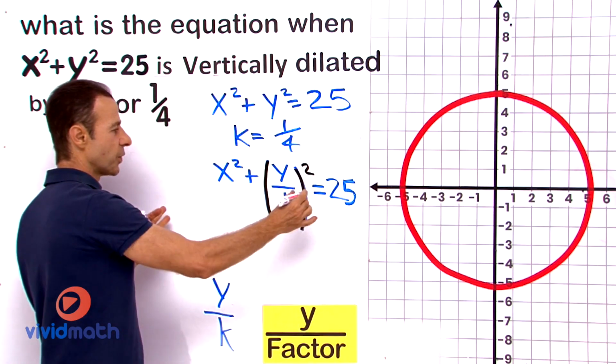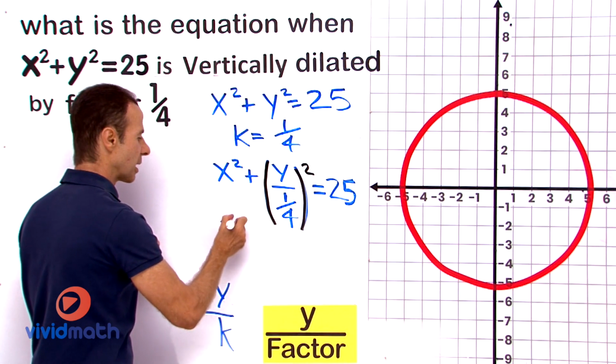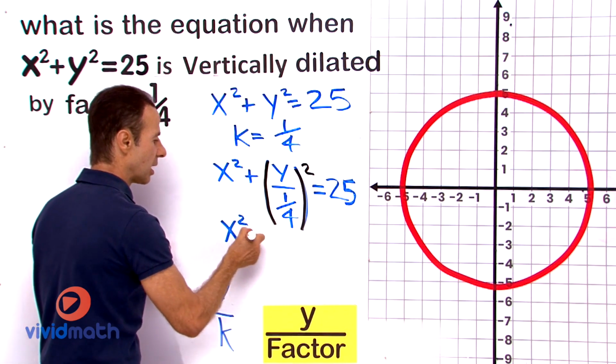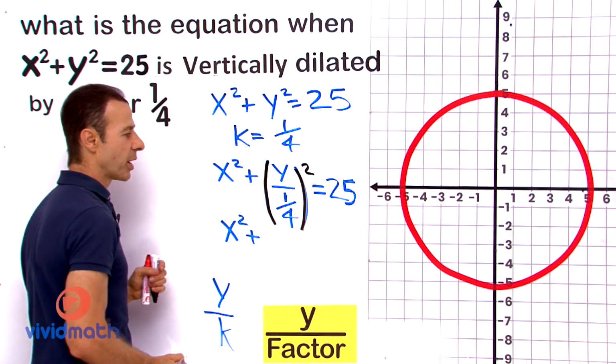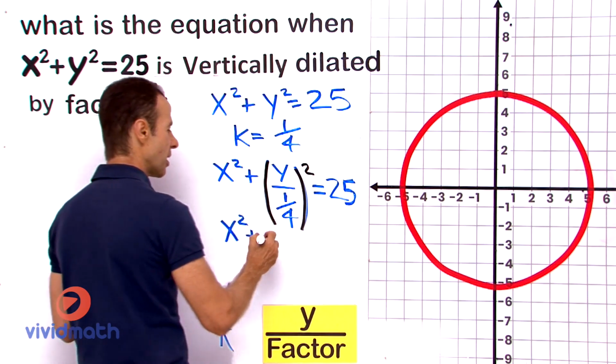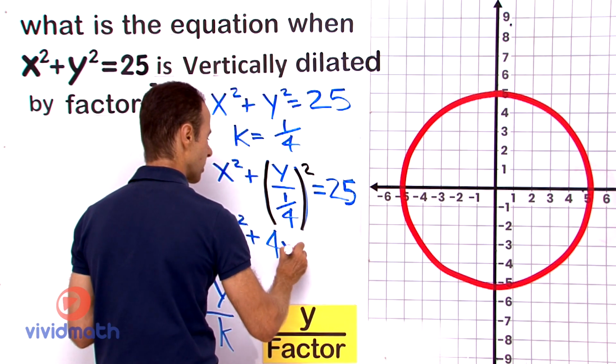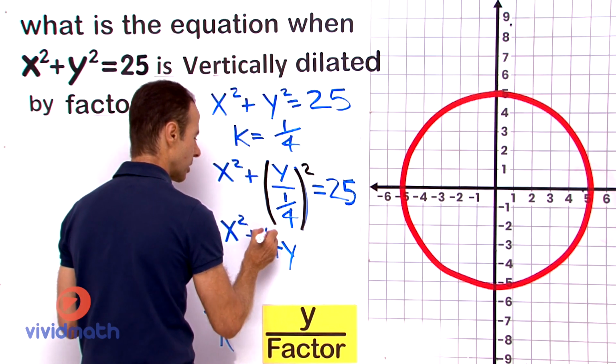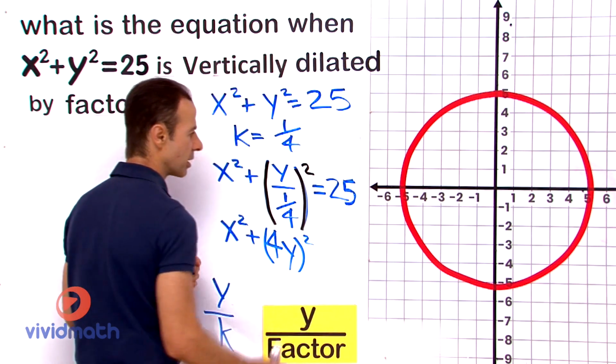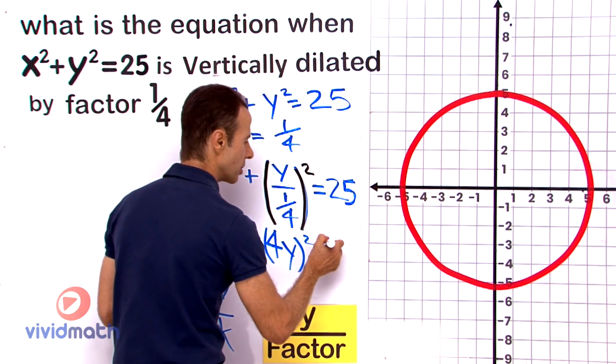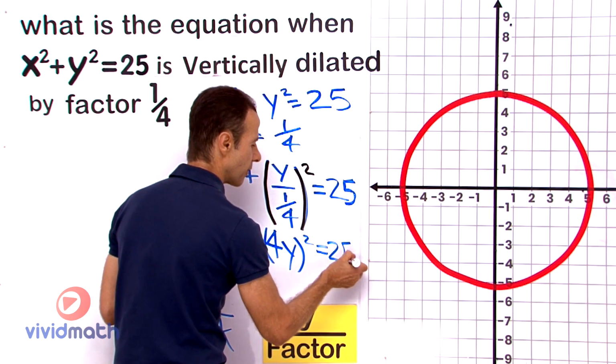Okay, let's further simplify this. This is going to become x squared plus 1y divided by 1/4. Well, that goes in 4 times. That's going to be 4y in brackets all squared, keep it squared, and that equals 25.